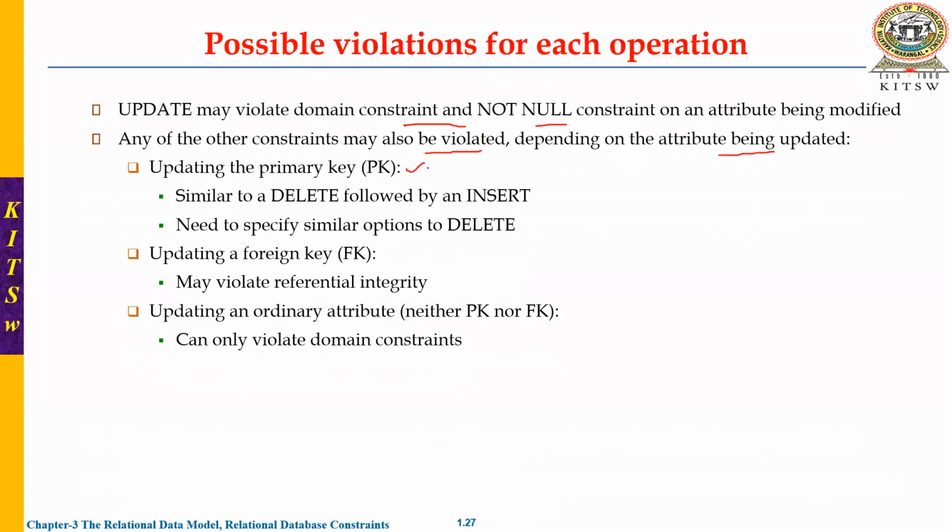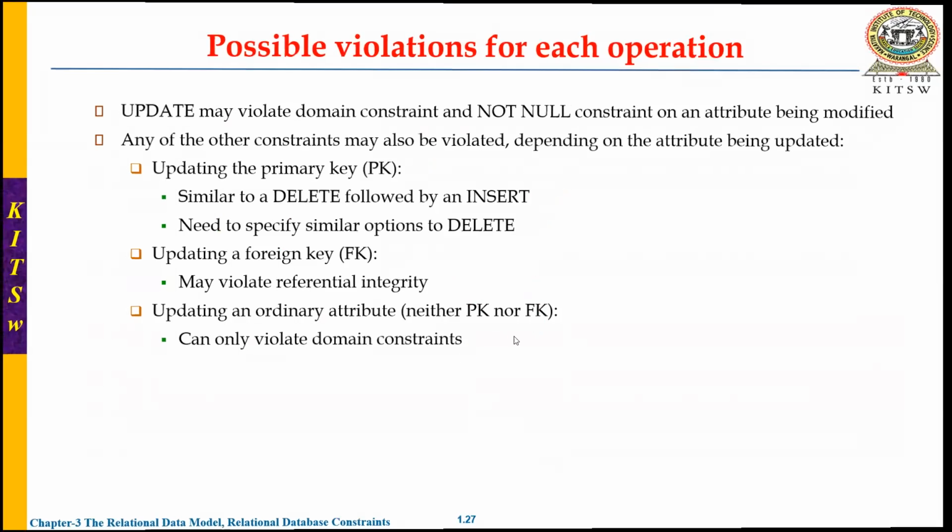Updating the primary key is similar to delete followed by an insert; you need to specify similar options to delete. Updating a foreign key may violate referential integrity. Updating an ordinary attribute, neither PK nor FK, can only violate domain constraints.